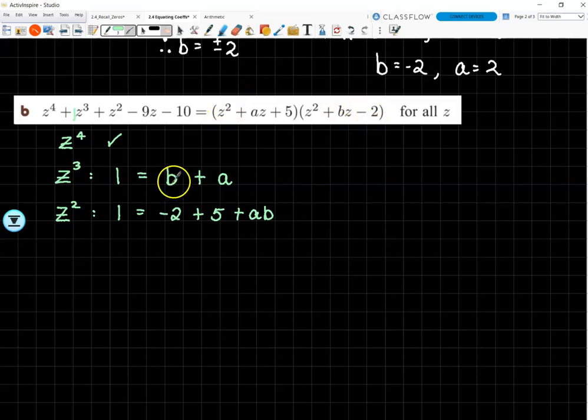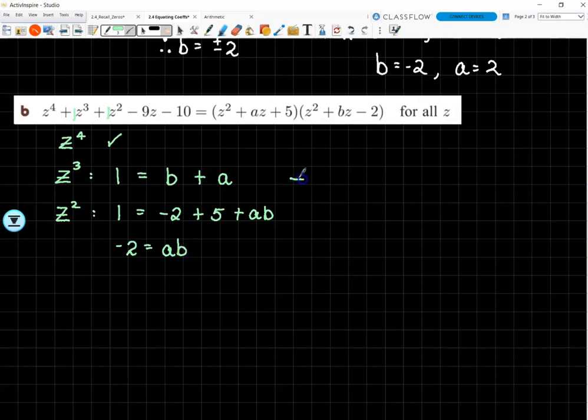So that's why I've got the b, and then az times z squared. Z squared has also got coefficient of 1, to get a z squared times the constant, and then ab. So I'm just going to tidy this up a little bit. So 1 take 3 is, we've got minus 2 equals ab.